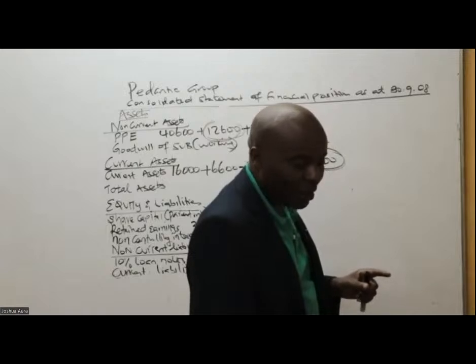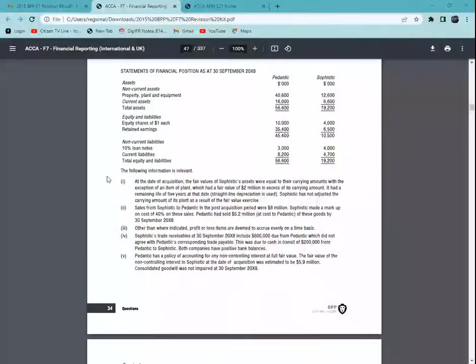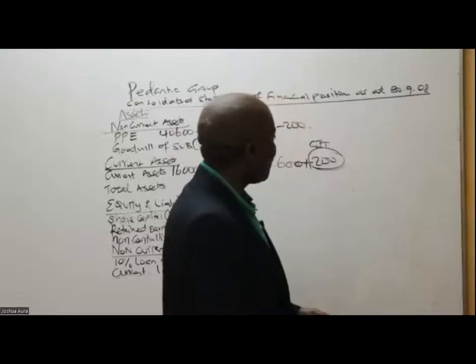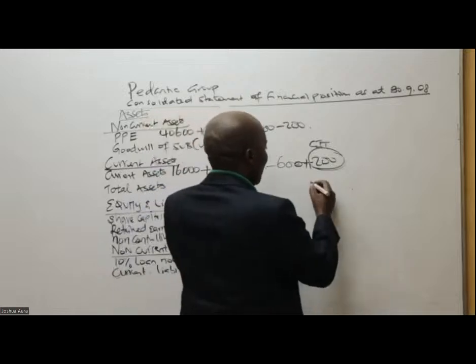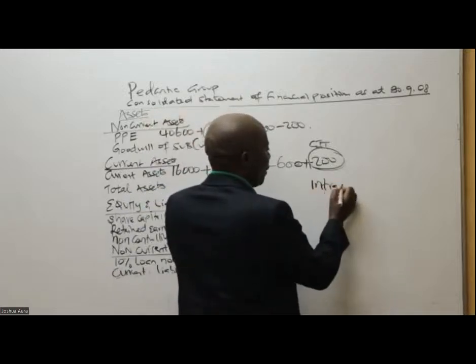Now, ladies and gentlemen, listen to me very well. Tuendelee kusoma hii statement. Due from pedantic, which not agree with pedantic's corresponding trade payable. This was due to cash in transit of 200 from pedantic to sophistic. Hizi kampuni mbili ziko na internal owings, intra owings.